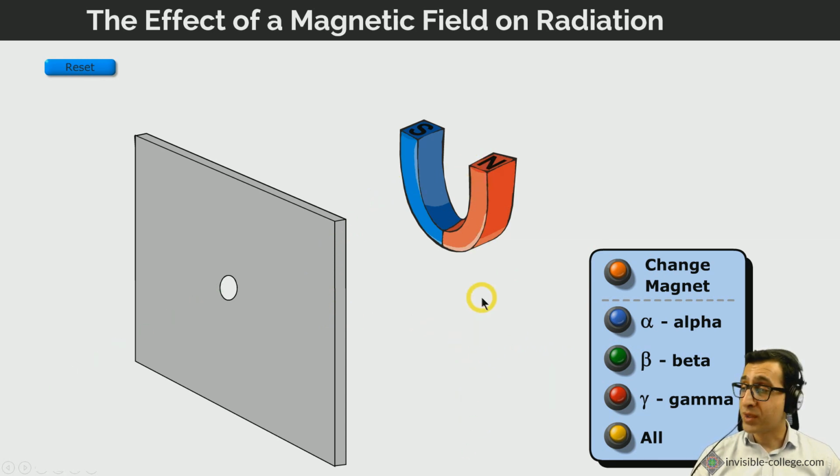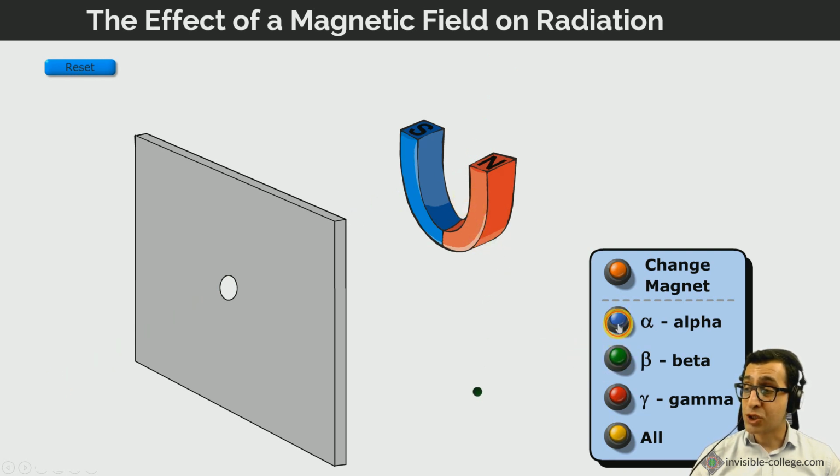Now, the reason for this is because alpha particles and beta particles are charged particles, and as charged particles move through a magnetic field, the magnetic field will exert a force on them which then causes them to change direction. But because the alpha particles have a greater mass, they have a greater momentum, they are deflected through less of an angle than the beta particles are.